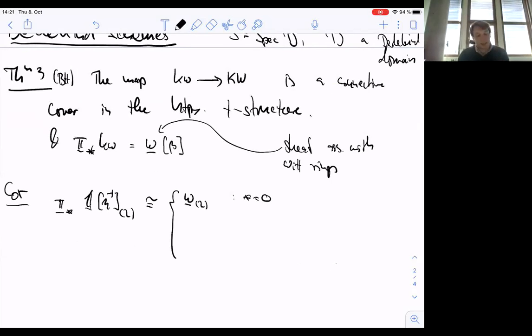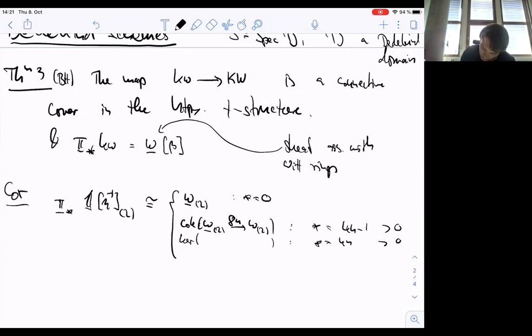And then in positive degrees, either divisible by 4 or congruent to 3 mod 4, you get either the kernel or the cokernel of some map. So let me try to write this. You get the cokernel of this map W_2 goes to W_2, which is 8n, if you're in degree 4n minus 1, which also should be positive, and you get the kernel of this same map if you're in degree 4n, and you get 0 else.